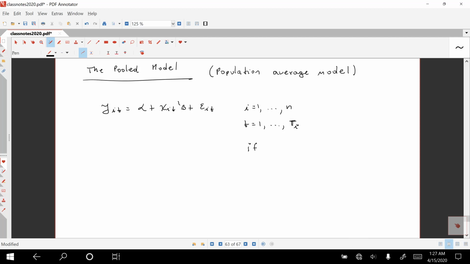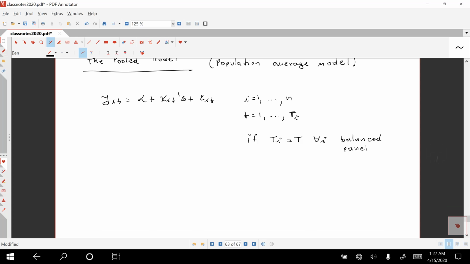So if Ti is a constant for all i, which basically means that all the individuals are observed the same number of time periods, then we have what's called a balanced panel.